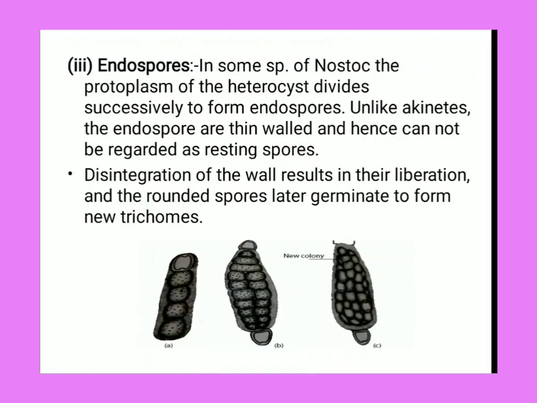Unlike akinetes, the endospores have a thin wall, hence they cannot be regarded as resting spores. Disintegration of the wall results in their liberation, and the rounded spores later germinate to form new trichomes. Some cells divide, but they are different.